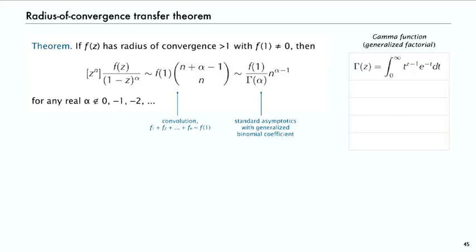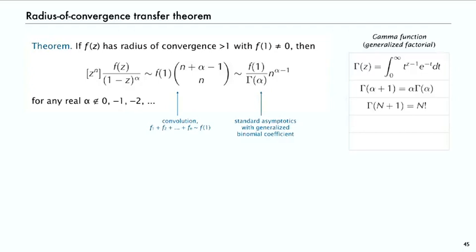It plays an important role in analytic combinatorics and the analysis of algorithms, because it arises in transfer theorems just like this one. So for real z, you define gamma of z equals the integral from 0 to infinity of t to the z minus 1, e to the minus t dt. It turns out that function has the properties that we would want in generalizing the factorial. For example, gamma of alpha plus 1 equals alpha times gamma of alpha, just like n factorial equals n times n minus 1 factorial.